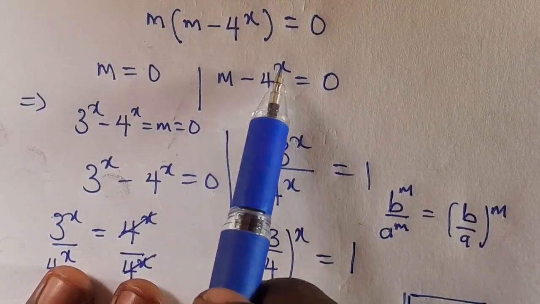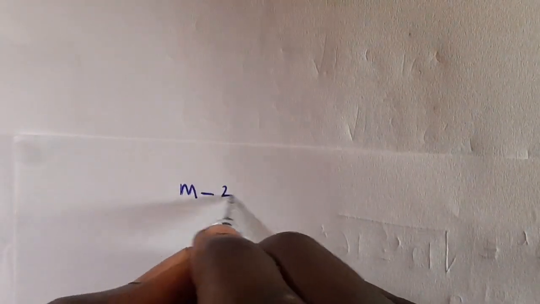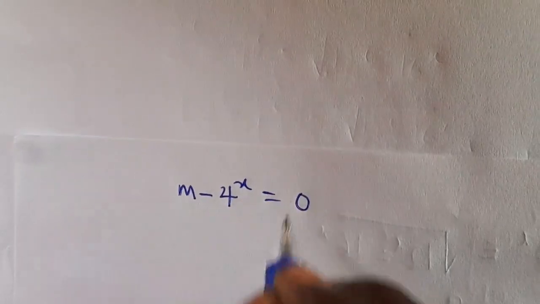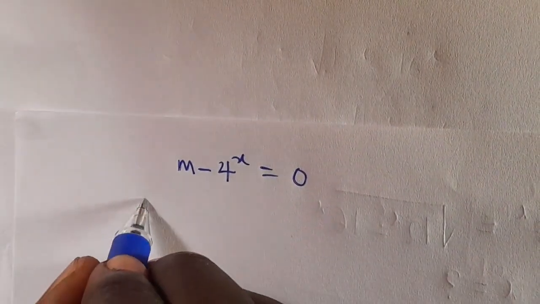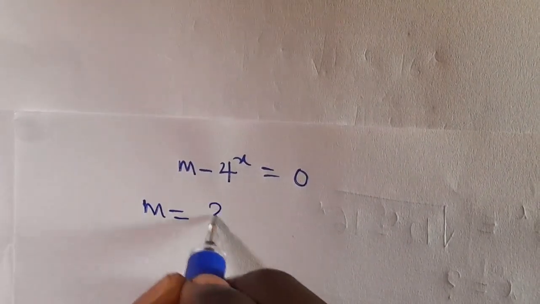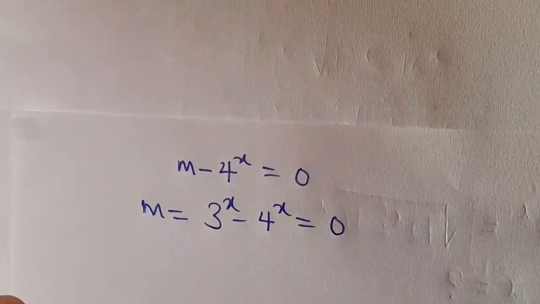Now let us continue from here. When m minus 4 to the power of x equals 0, let's see what will happen. So we have m minus 4 to the power of x equals 0. And so therefore this implies that we have m to be equal to 3 to the power of x minus 4 to the power of x equals 0.